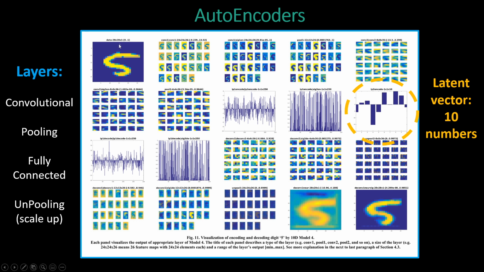So what you can see here are convolutional layers, pooling layers, so the downscaling layers, some fully connected layers, so everything connected with everything, and then some unpooling or scaling up layers, which are an inverse operation to the pooling, to the downsampling layer.